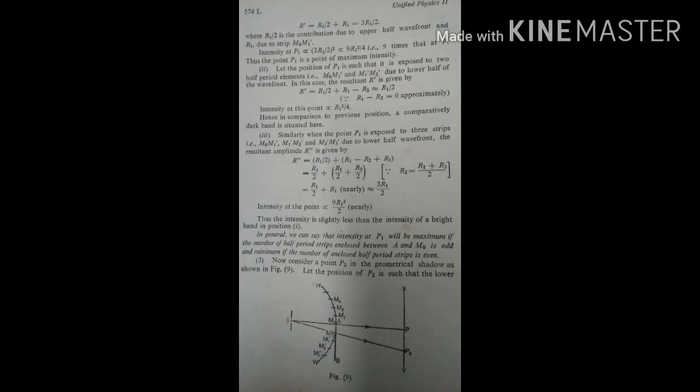Let the position of P1 be such that it is exposed to two half period elements, that is M0M1' and M1'M2', due to the lower half of the wavefront. In this case the resultant R'' is given by R'' = R1/2 + R1 − R2.